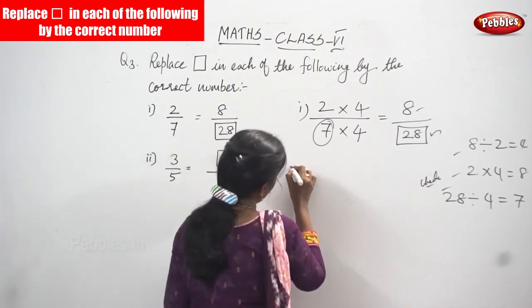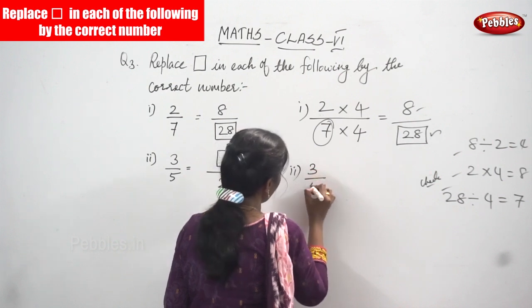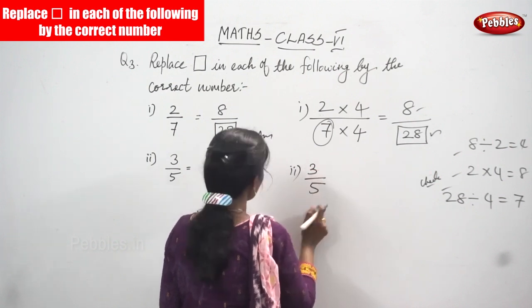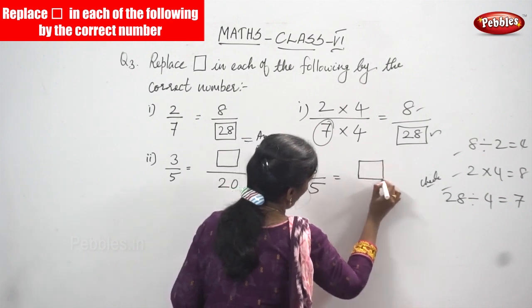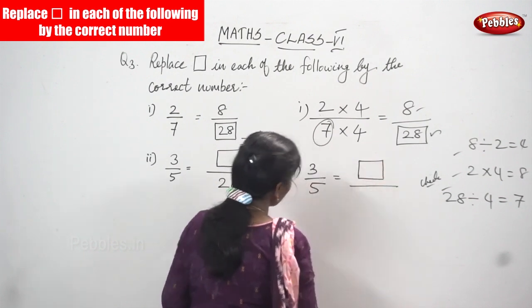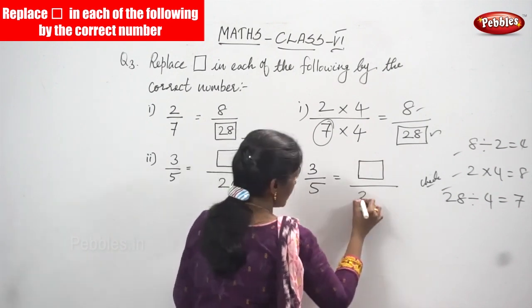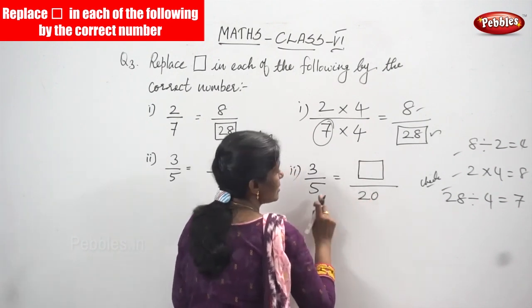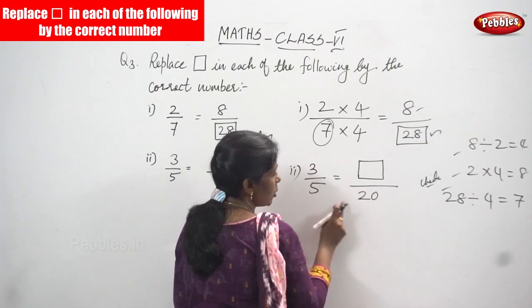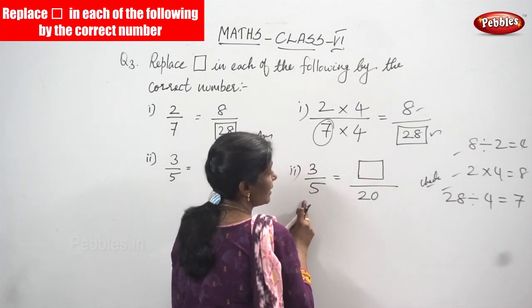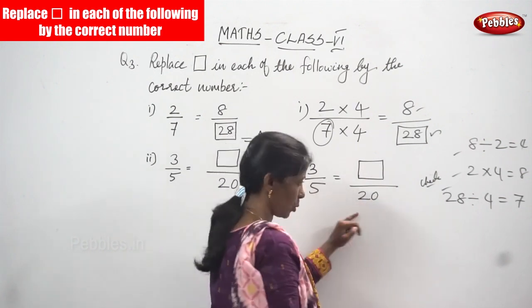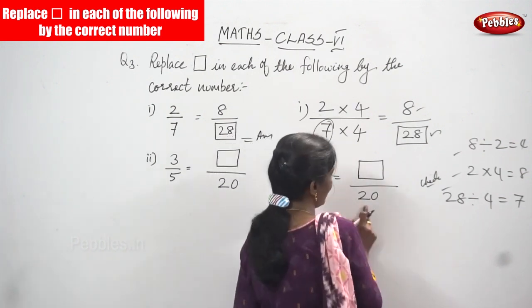So again, I'm going to explain the second sum. You have to find the equivalent fraction of 3 by 5. For the denominator 5, the equivalent number is 20.